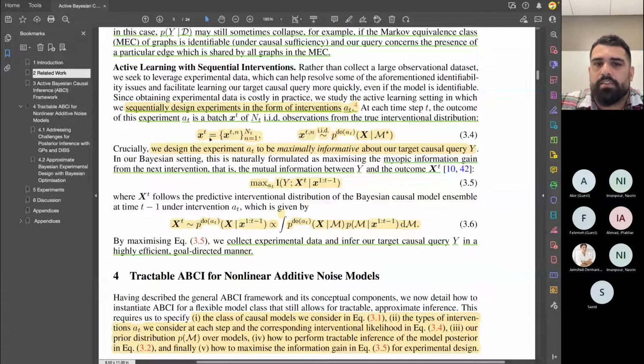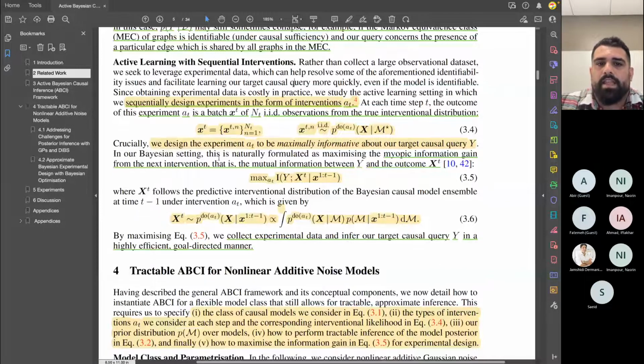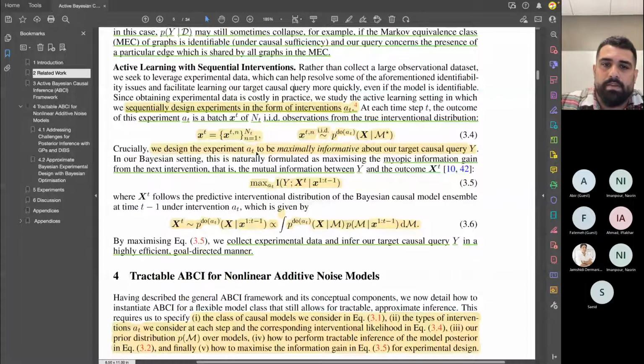So they define the interventional distribution this way, based on the probability of performing the intervention on data given the true model, and x_t are the interventional samples that are generated.